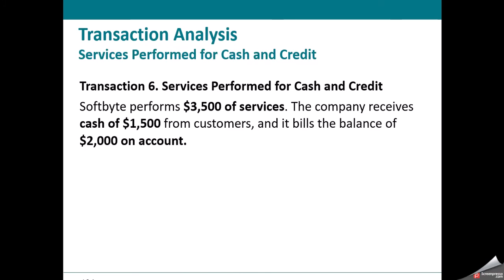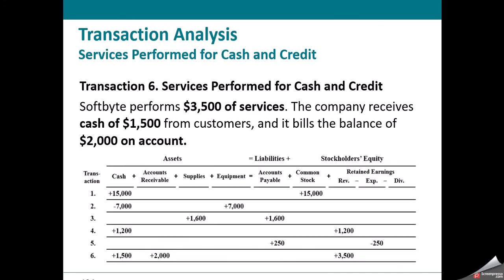Then we have services performed for cash and credit. We perform $3,500 worth of services. $1,500 of that is paid to us, and for the remainder, we send a bill to the customer and give them so many days to pay. In that case, we record all the revenue because we've earned it, we've completed it. So that's an increase to the revenue.